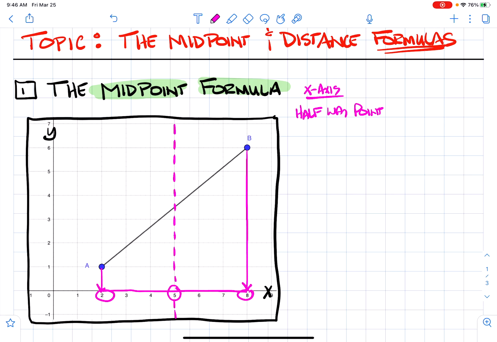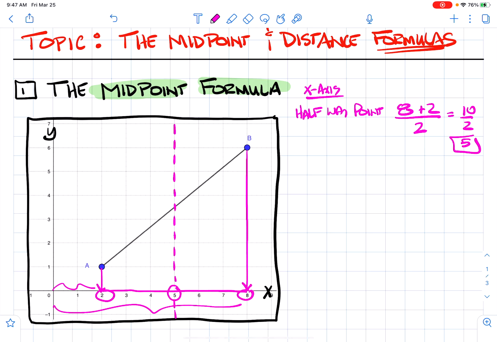Take the total distance that I had, the first one, which is 8, so from here to here. So take 8, and then I did another distance of 2, and add 2, and then split that in half. Take the average of those two. So that's 10 divided by 2, so it looks like 5. So 5 is the halfway point between 8 and 2. So there's the math behind how I did that.